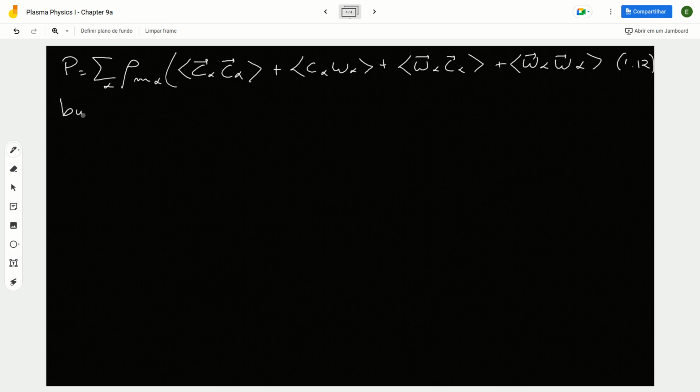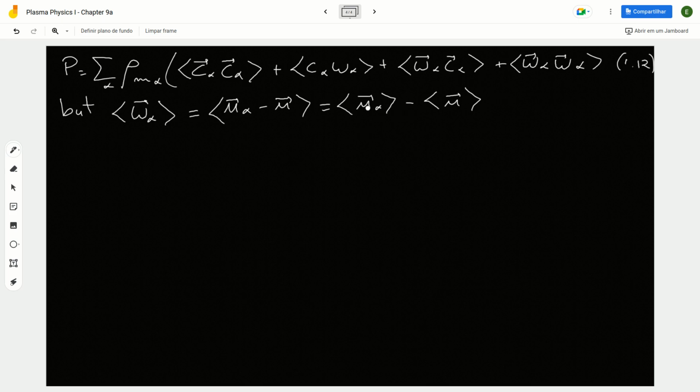But the average value of omega is, by definition of omega, this is U alpha minus U, the average of U alpha minus the mean value of U. But this is an average in alpha.